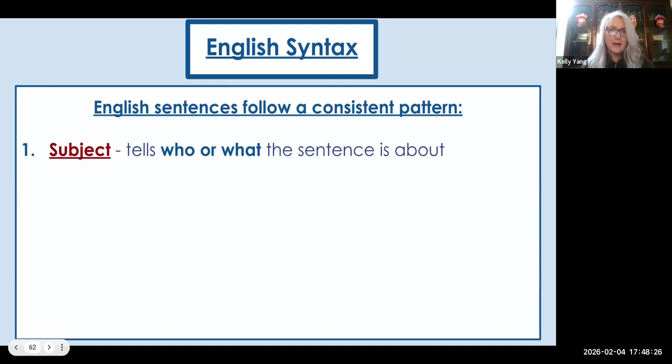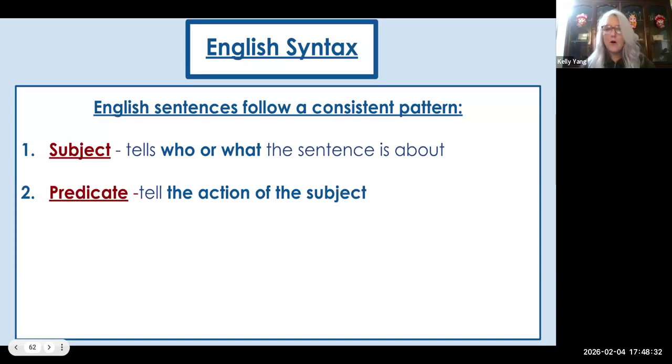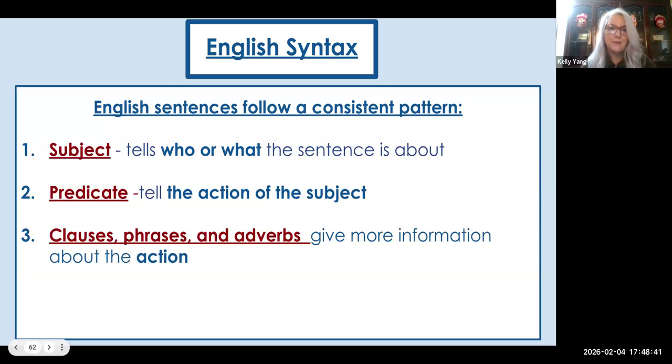So a few words about English syntax. English sentences follow a very consistent pattern. They're all based on subject first, predicate second. The subject tells who or what the sentence is about, and the predicate is the action.